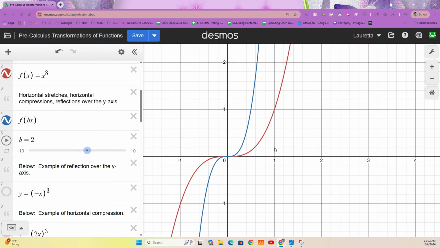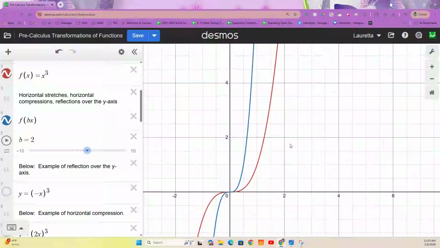So let's look at the point 1, 1 on our parent function again. Because we have a horizontal compression by a factor of 1/2, that means that for the same y value, the x value is going to now be half of that. So instead of 1, 1, we now have 1/2, 1. 1/2 times 1 is 1/2.